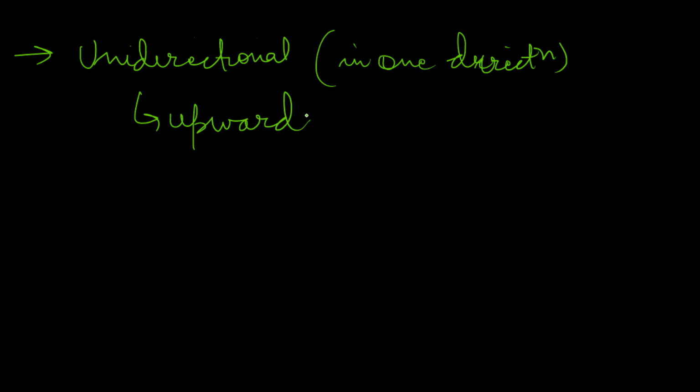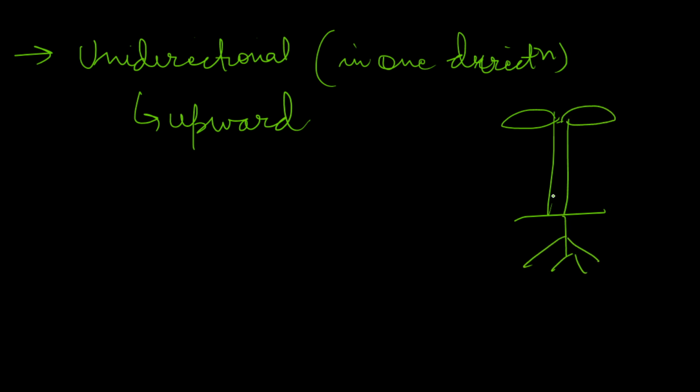Okay, so suppose this is the plant, these are the leaves, and this is the root. So in xylem, the water starts conduction, the roots absorb the water, and the conduction starts from the roots to leaves. Okay, and it is unidirectional. That is, it generally goes downwards to upward, but it doesn't come upward to downward. So you should keep in mind that transport in xylem is unidirectional.